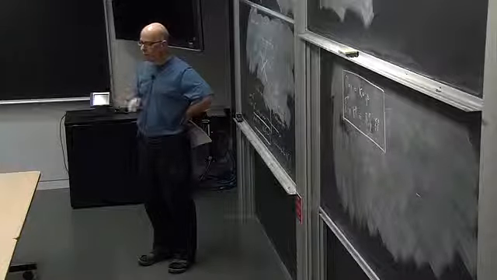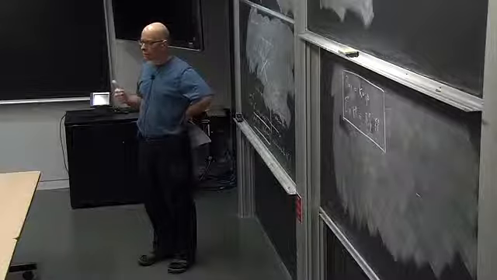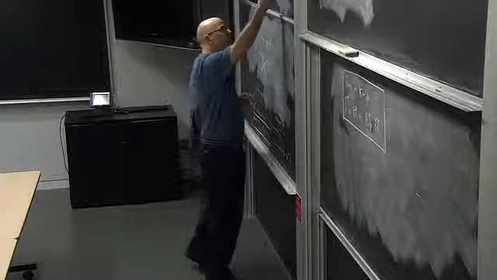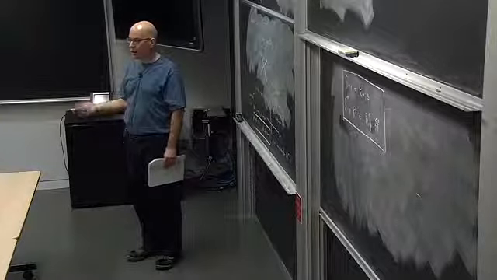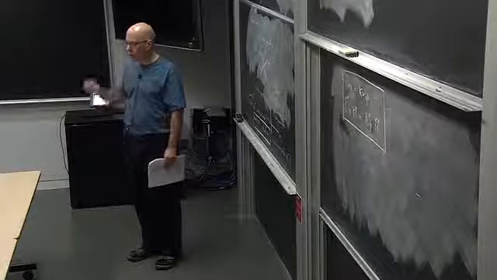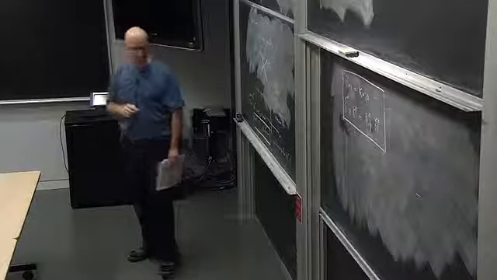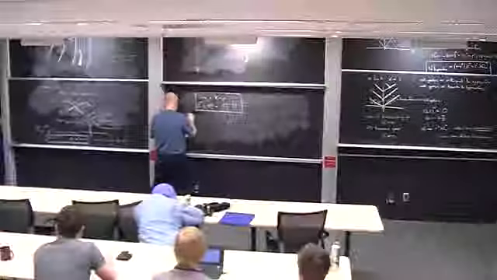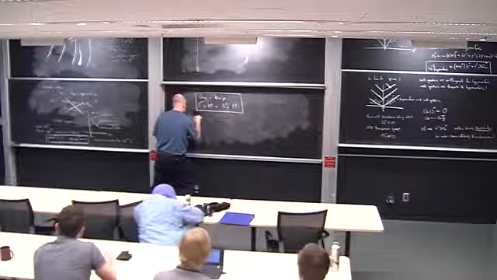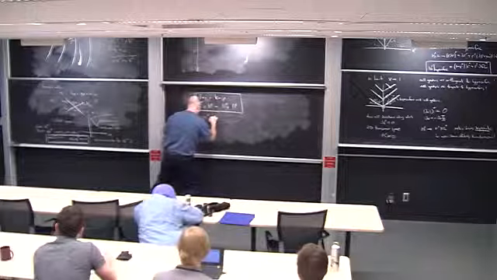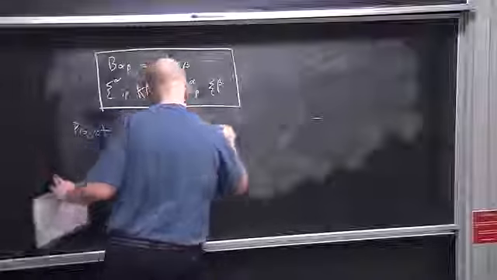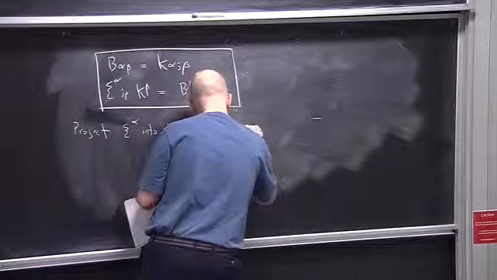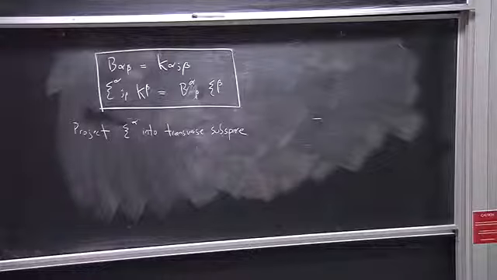In the timelike case, we never needed to think about it. But here, we would like to turn this into something a bit more useful. In fact, we would like to project the deviation vector into the transverse subspace and only deal with those components that live in the transverse subspace. So the first requirement is to project C into the transverse subspace, in order to do what we really want to do, which is to describe the transverse behavior of neighboring geodesics.